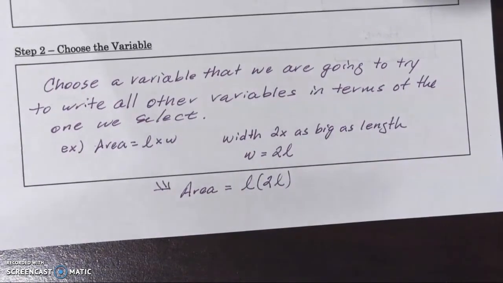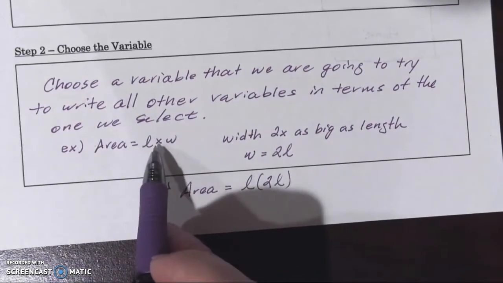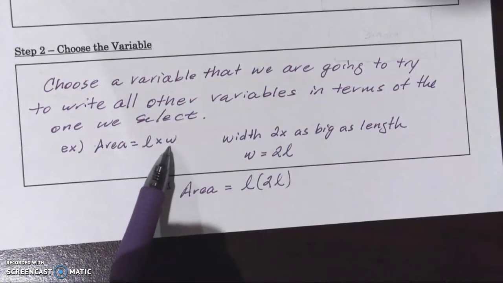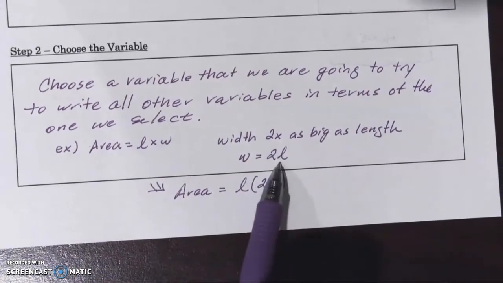How did we do that? What was important about that? Well, first of all, we defined some variables. Using the information we were given, we were able to write width in terms of length.